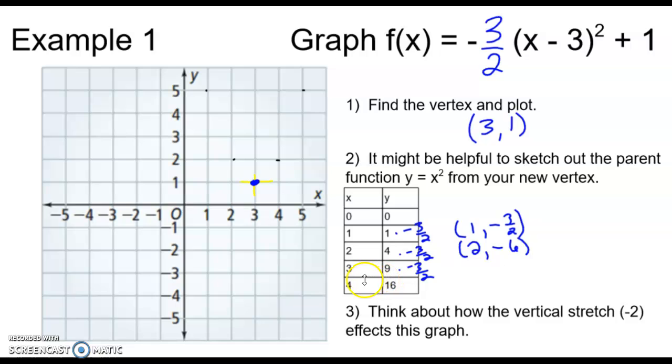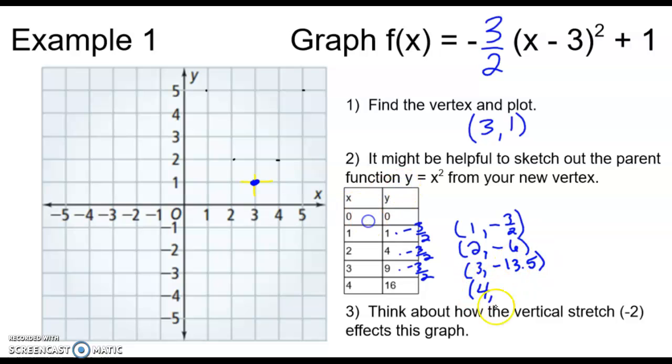Next, we've got (3, 9) as the point I would normally plot. So from this dot over 3 and up 9, but I want to take that times 1.5, so 9 and another half of 9. Half of 9 would be 4.5, so -13.5.